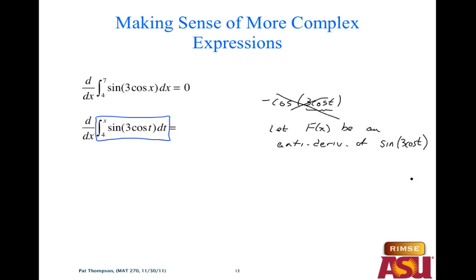And now we can make some progress. What does that thing in the blue box equal, if capital F is an antiderivative of sine 3 cosine t? Now we can apply the fundamental theorem: F of x minus F of 4.